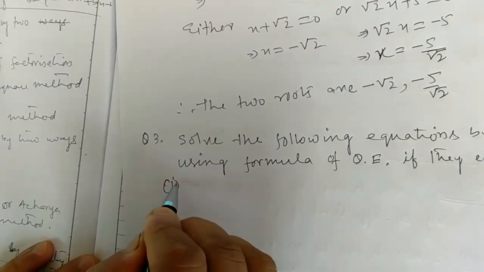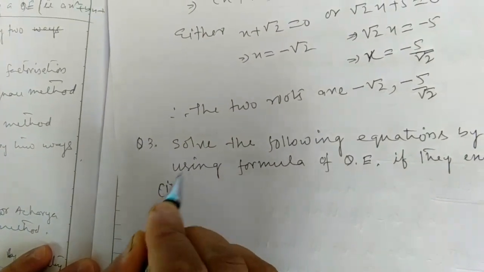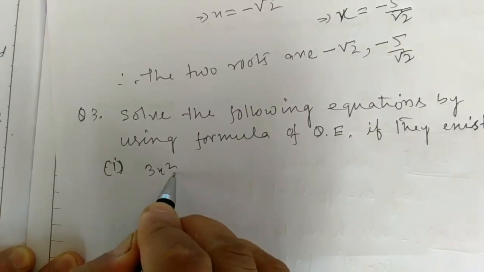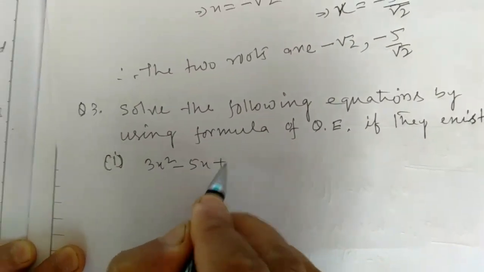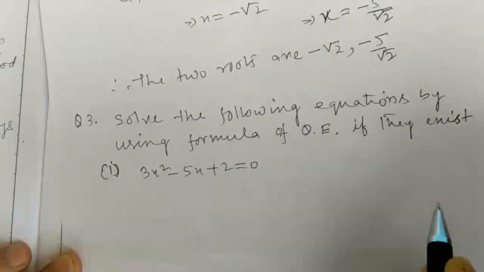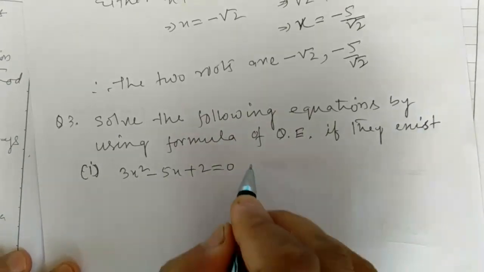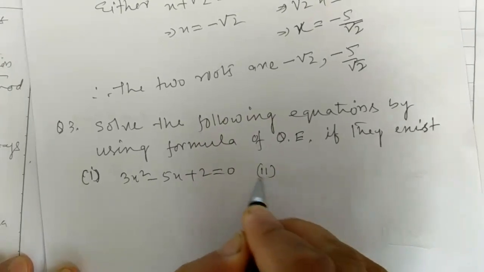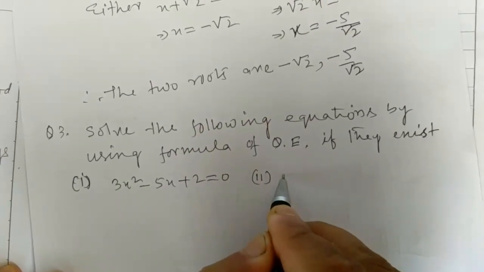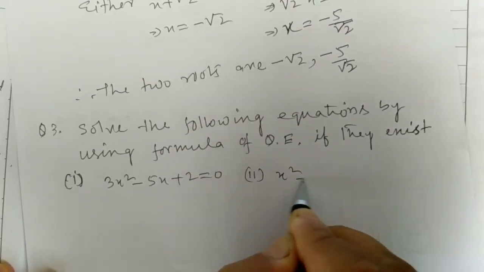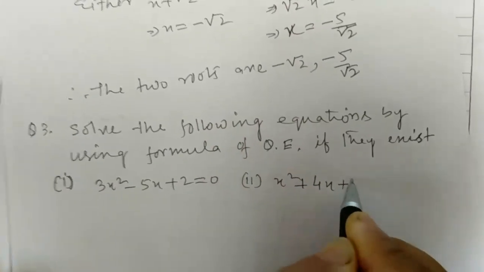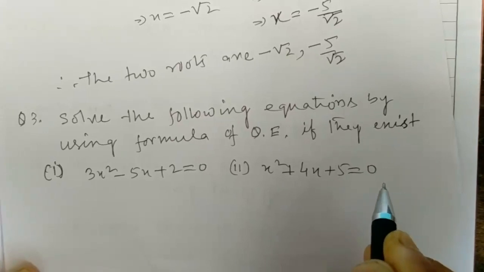Question number 1, 3x square minus 5x plus 2 equal to 0. Number 2, x square plus 4x plus 5 equal to 0.